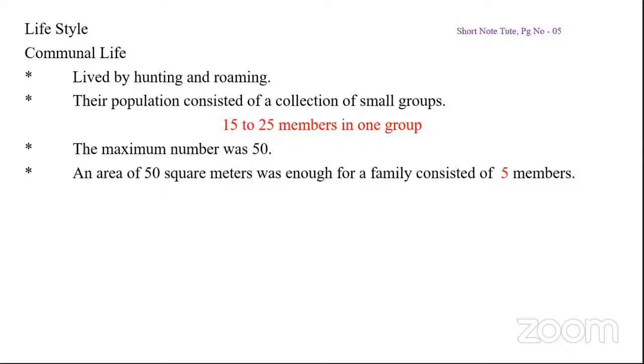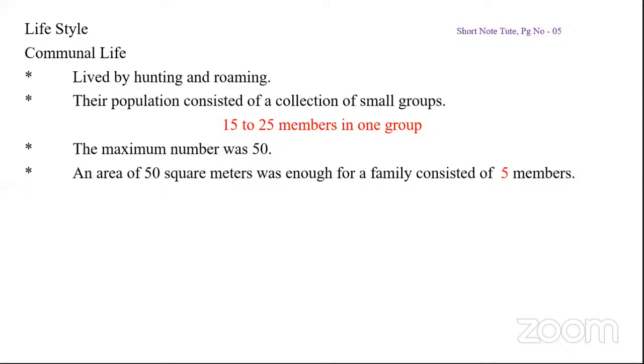That's why roaming. Roaming means they are walking here and there and collecting. Normally hunting was done by the men and collecting was done by the women. The two main ways of gathering food were hunting and collecting.